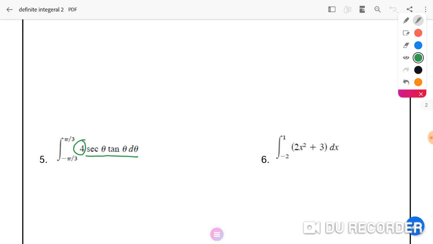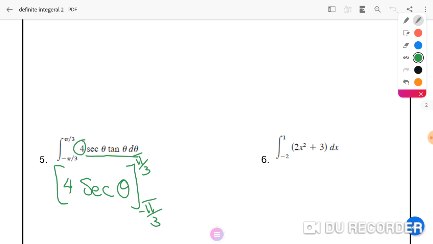Secant theta. It will be 4 multiplied by secant theta, because the derivative of secant theta gives you this one. To make sure of your answer here, from negative pi over 3 to pi over 3. How do we substitute here secant theta?